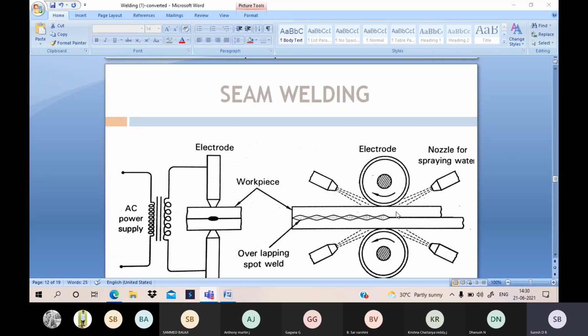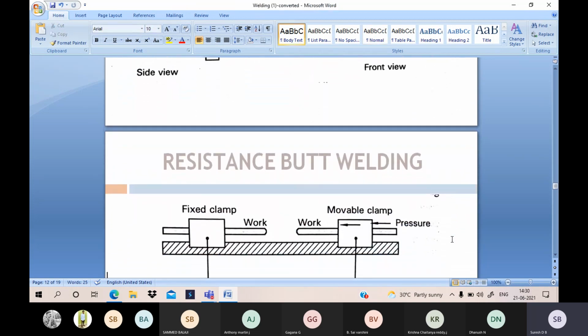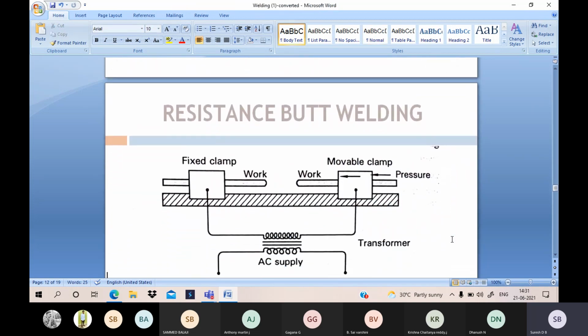Here we can use alternating current. One terminal is connected to the top electrode roller, and one more terminal is connected to the bottom roller. Due to this AC power supply, the rollers are rotated, and this is a non-consumable electrode. In seam welding we use a non-consumable electrode.